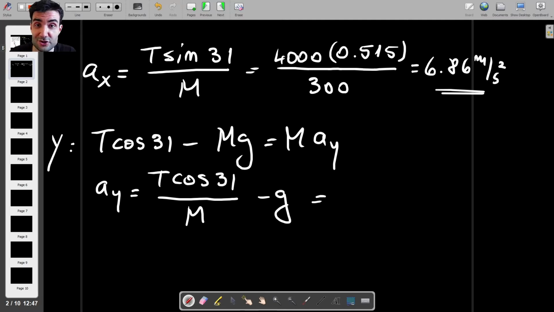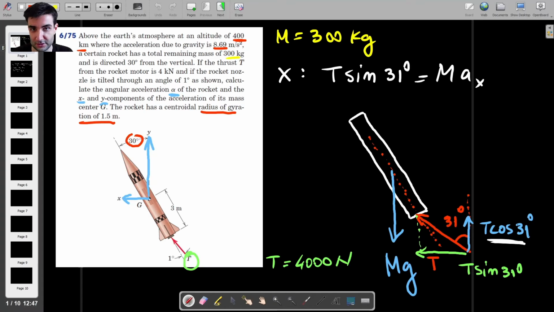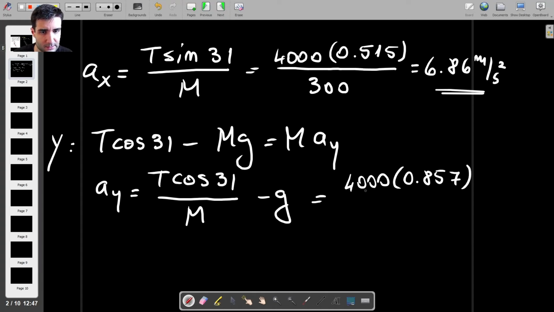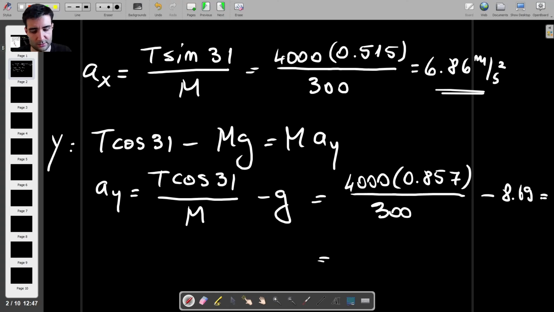Okay, now keep in mind g is not actually 9.81 because we're 400 kilometers above Earth, so we have to use that 8.69 instead. So what we have is 4,000 for the thrust, and then cosine of 31 degrees should be about 0.857, over 300, and then we subtract the 8.69. Right, so let's see what we get.